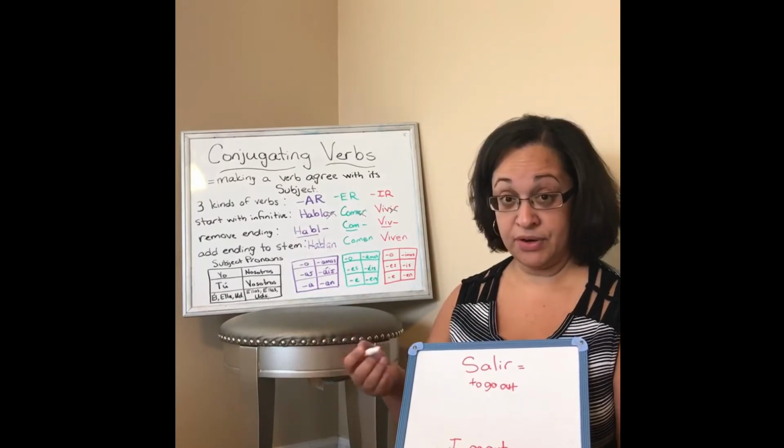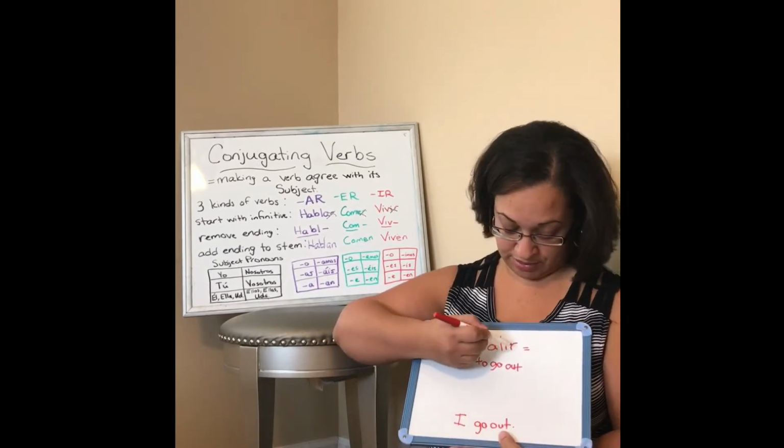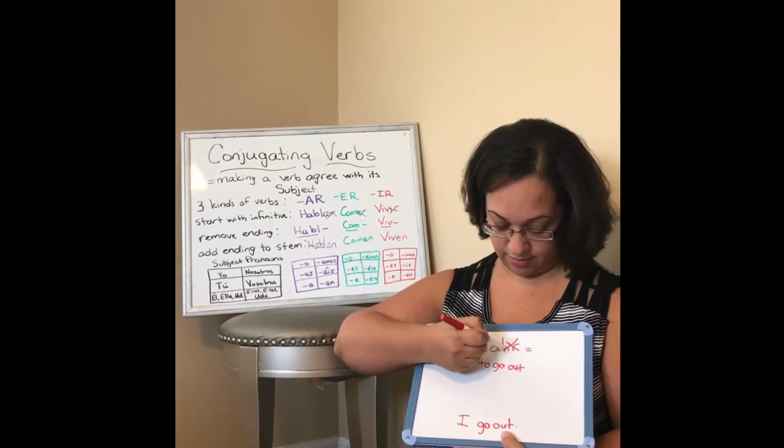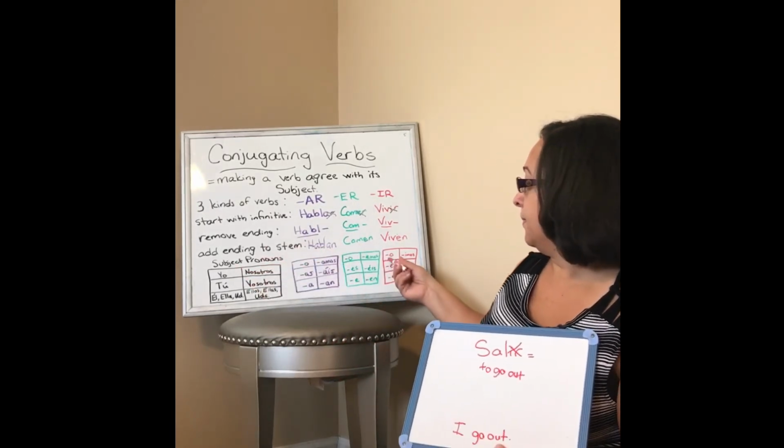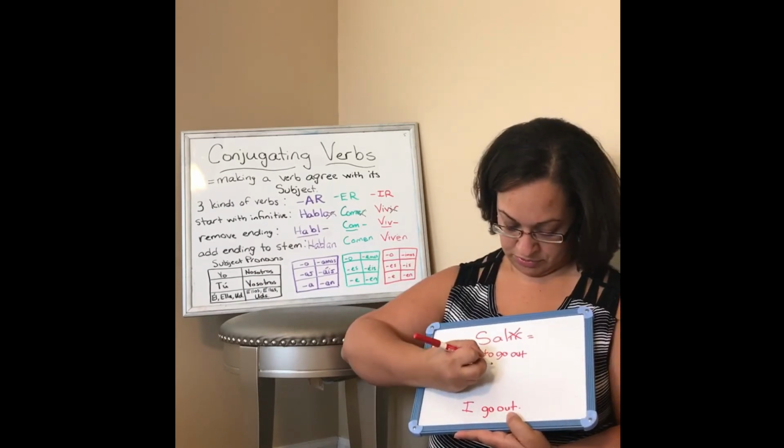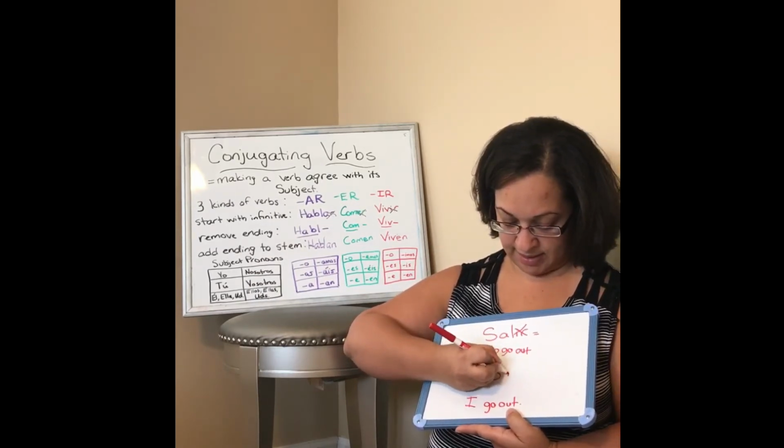Okay, so the first thing that we're going to do is we're going to get rid of our IR, again, that ending. We're going to look at the yo form. It ends in O. So here's our stem, S-A-L.